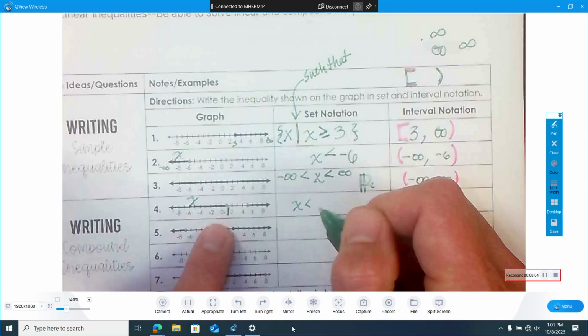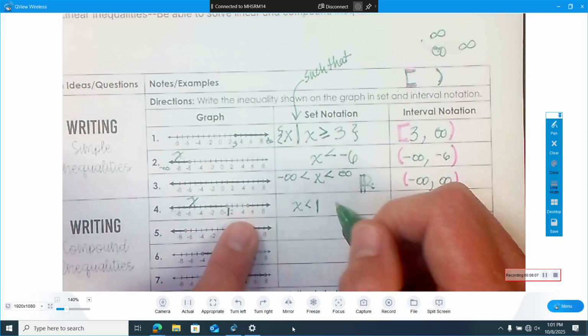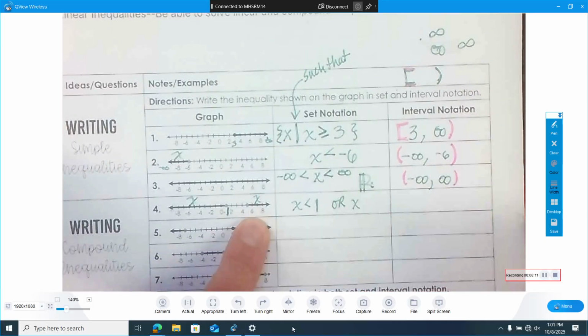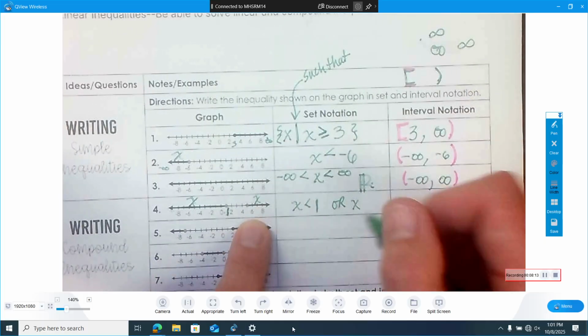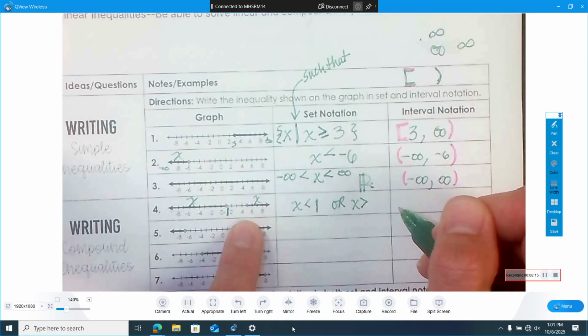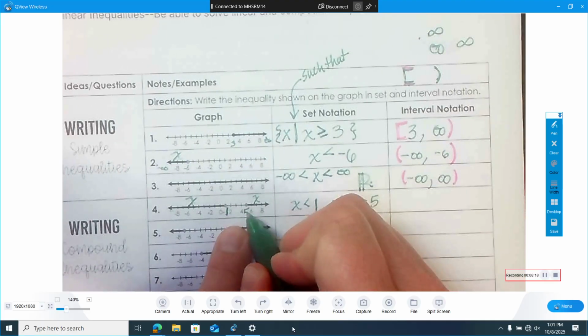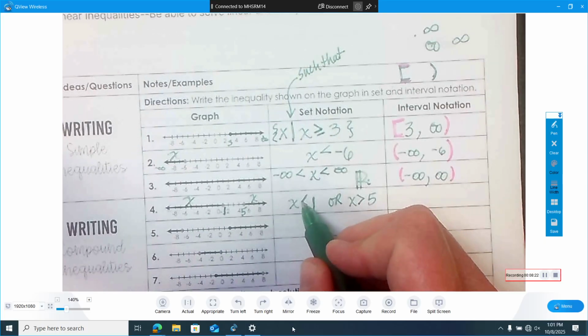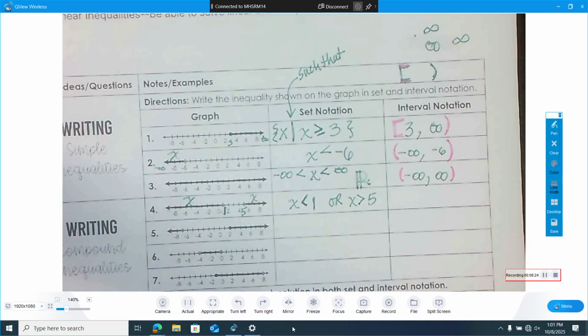Okay, we're stopping at 1. Okay, less than 1. Or we have x values that are greater than 5. Okay, yep, we started at 5 here. We notice they're open circles, so they're not going to have the extra little equal bar underneath it, okay?